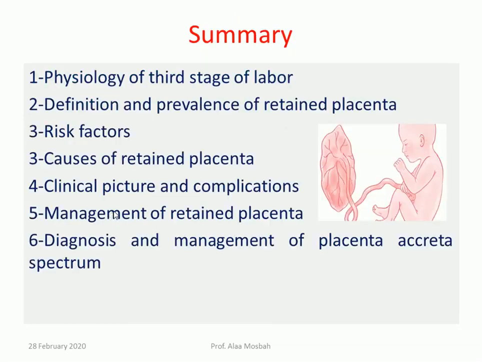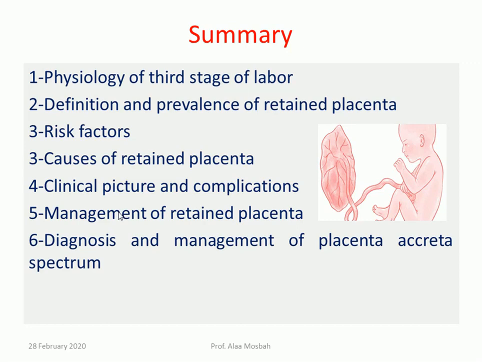In summary, today we covered the physiology of the third stage of labor, the definition and the prevalence of retained placenta and its risk factors, and the causes, clinical picture and complications of retained placenta. Then we went through the retained placenta management, and we said the management depends on the cause.